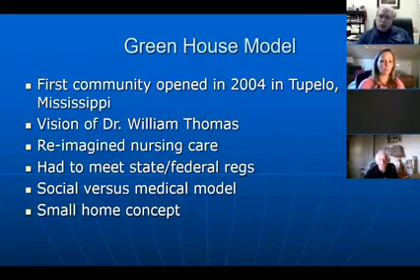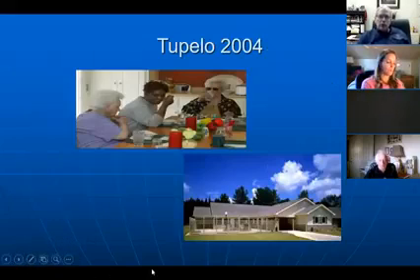But it is based on relationships and small home concepts. If you go to most nursing homes, they're typically 40 to 60 elders or patients or residents on a unit. We feel in the greenhouse movement that is way too many, and it actually inhibits the development of good personal relationships. Okay, next slide.